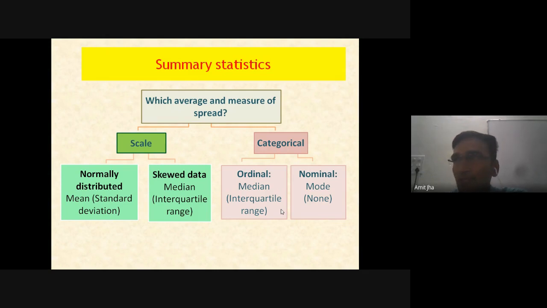Without going much into statistics, if you have to say which class is the best in a particular subject, then of course we will find the mean, the average, and the one having the highest average will be selected. It simply means that we must have a measure to find a central value. So this is called the measure of central tendency.